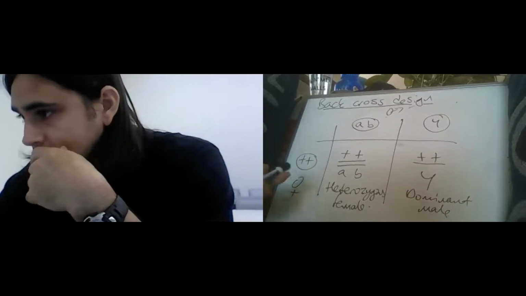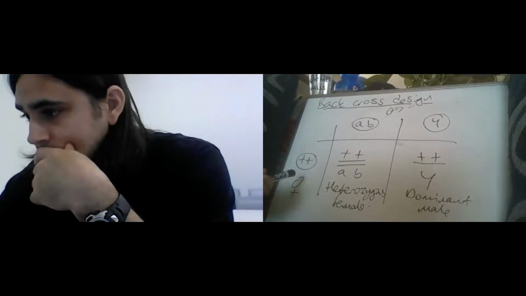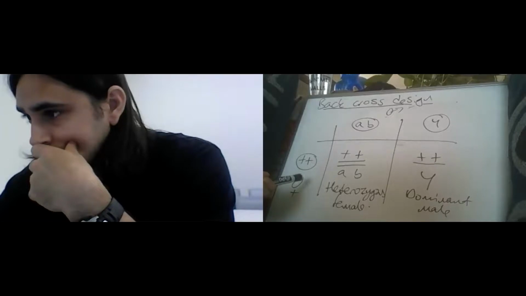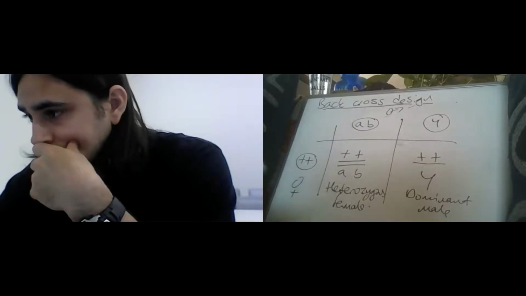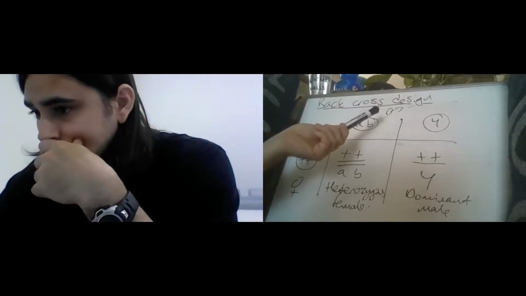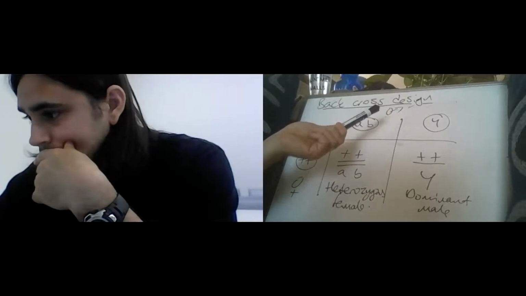Because you can only have one possible gamete from a homozygous dominant individual. That's going to be a dominant allele, or two dominant alleles if you have two genes. And from the male, it's a hemizygous recessive.